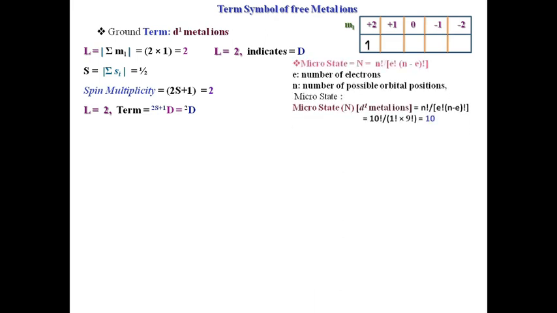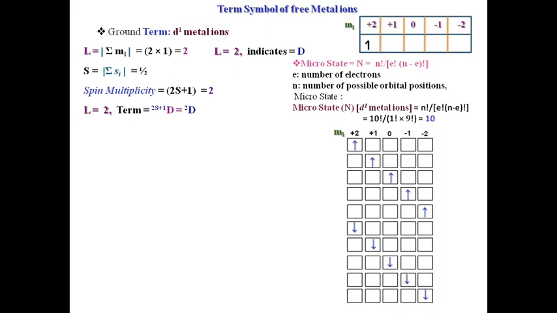The microstate number, denoted by capital N, can be determined using the formula given here, which is n factorial divided by e factorial into (n minus e) factorial, where e is the number of electrons concerned and small n is the number of possible orbital positions. So in the case of the d1 configuration, the number of microstates is 10. That means the single d electron can be arranged in 5 d orbitals in 10 ways, considering the degeneracy of the orbitals as shown in the figure on the right side here.